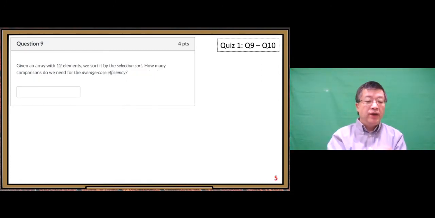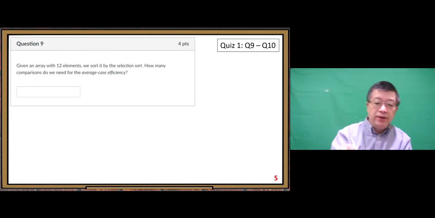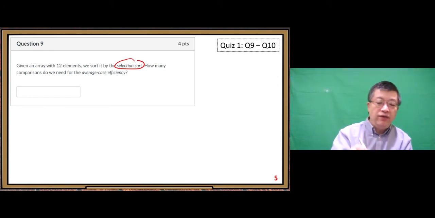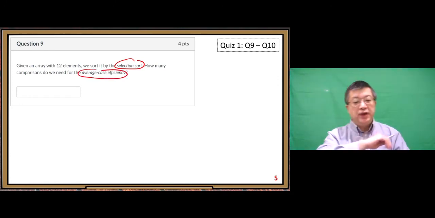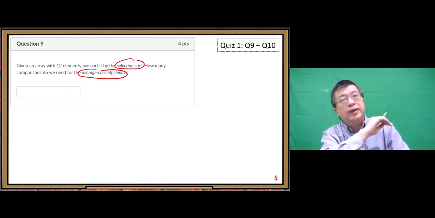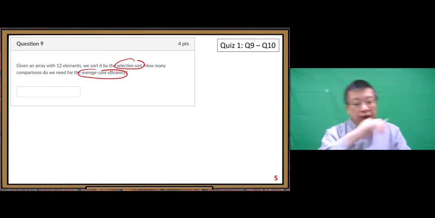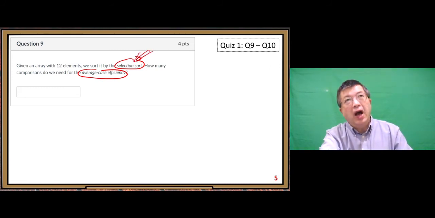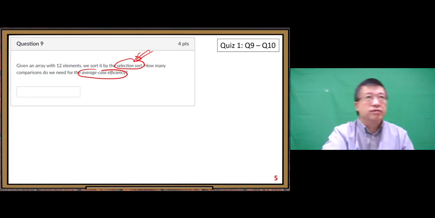Next one. Given an array with 12 elements, we sort it by the selection sort. How many comparisons do we need for the average case efficiency? When we discussed selection sort, I asked you that question: worst case, best case, average case.